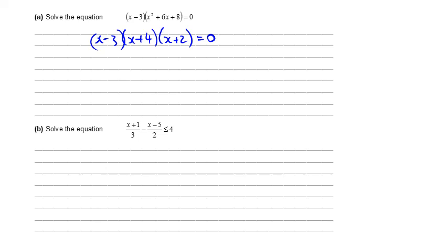Okay, that equals 0. And now anything times 0 equals 0, eh? So now x equals 3, x equals negative 4, or x equals negative 2. That was an achieved tick.